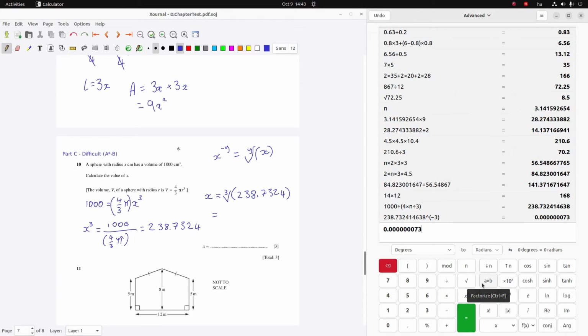Oh, that seems wrong. Oh, I'm stupid. I made a big mistake. Even though I made a big mistake, it illustrates a good point. Always do a common sense check. This answer I just got does not make common sense, because I forgot a simple thing, which is that x to the power of 1 over 3 is equal to the cube root of x.